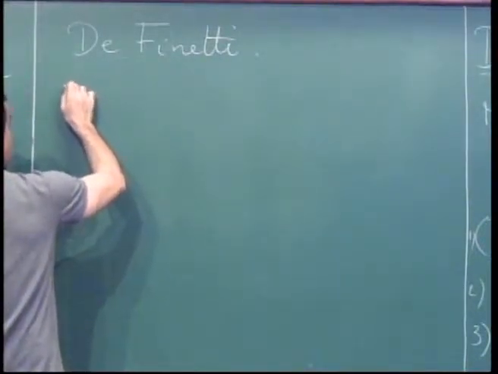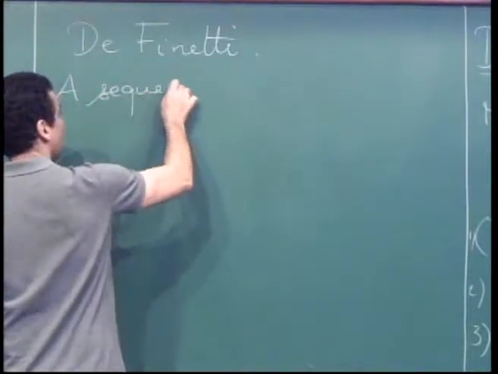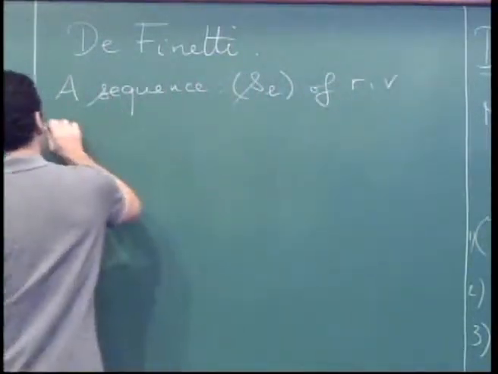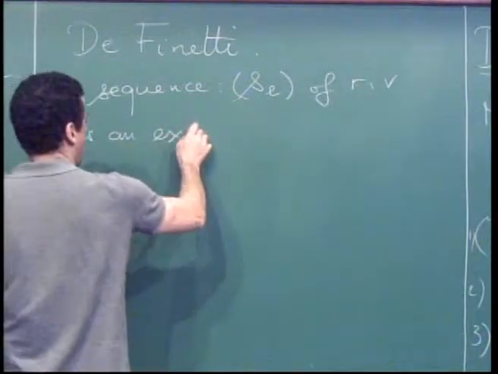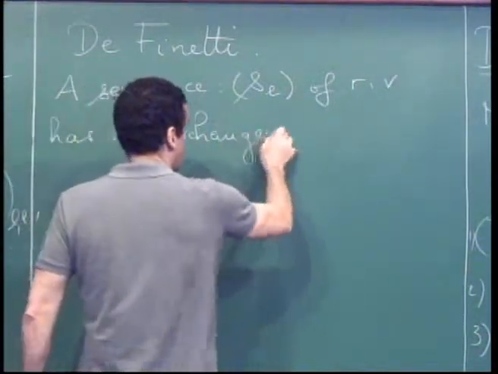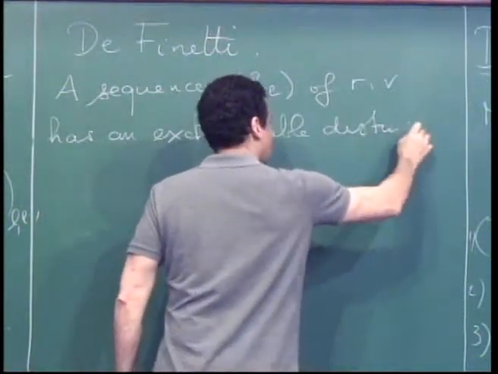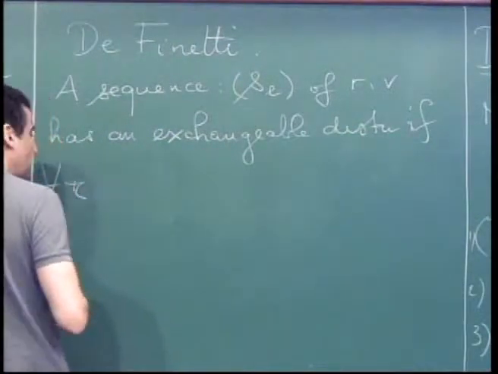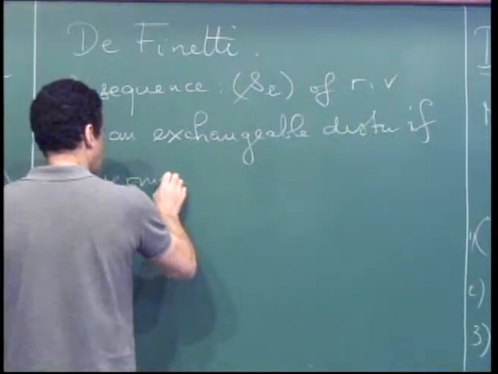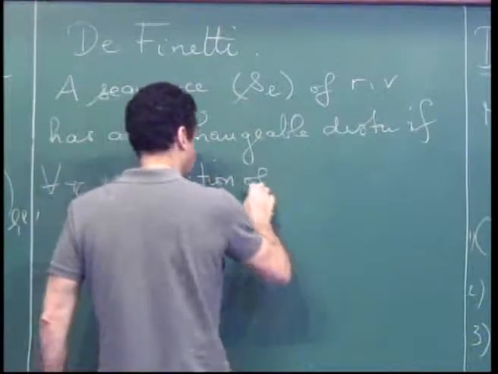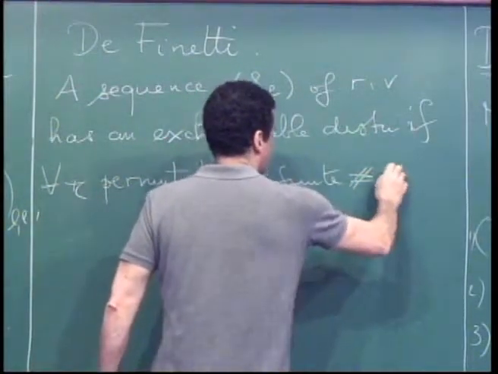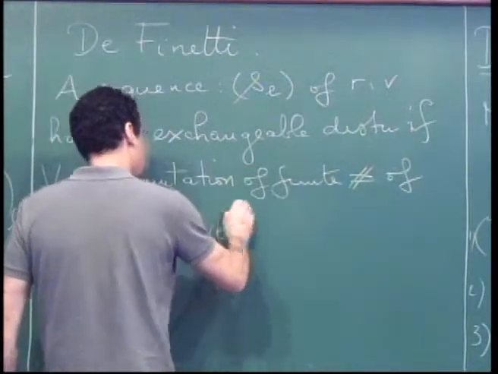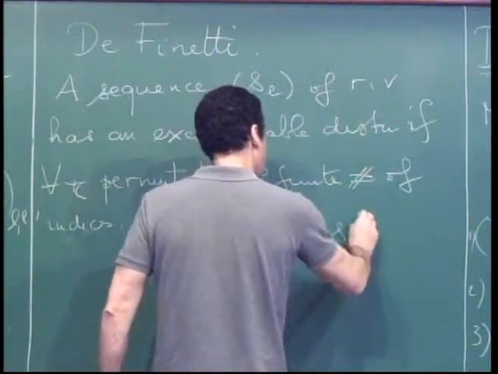So you look at a sequence of random variables, say S_L, has an exchangeable distribution on any reasonable space if for any, say, pi, which is a permutation of a finite number of indices, if you look at S of pi of L, it has the same distribution as S of L.